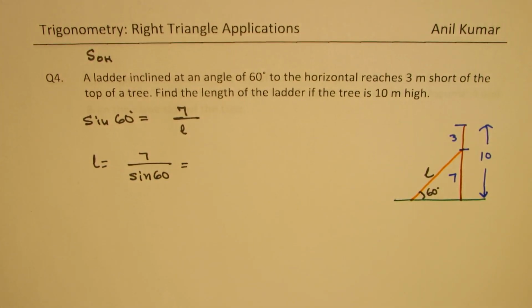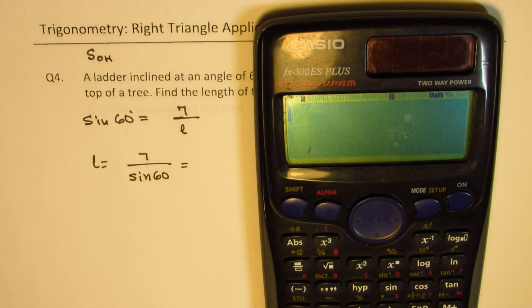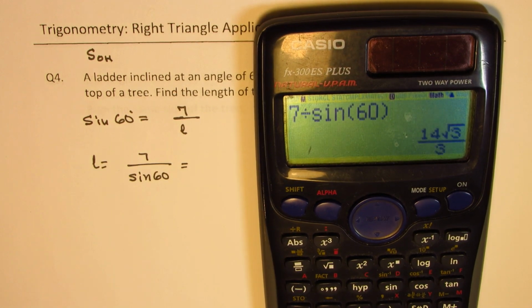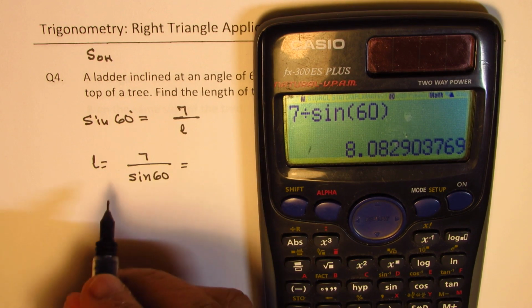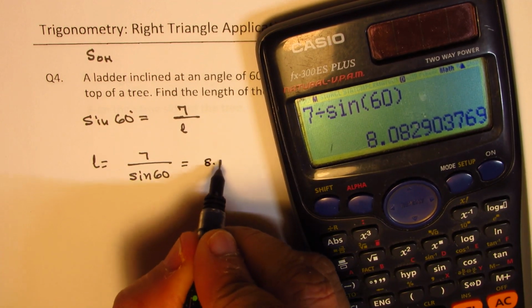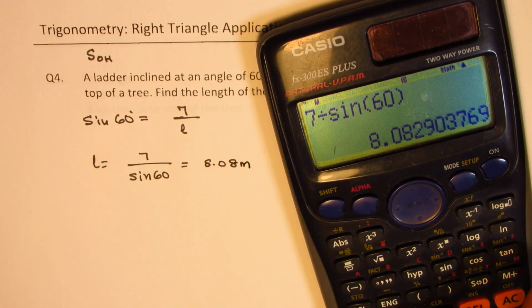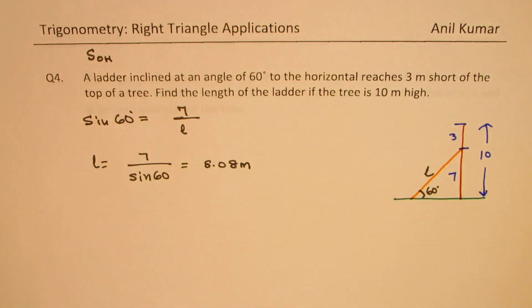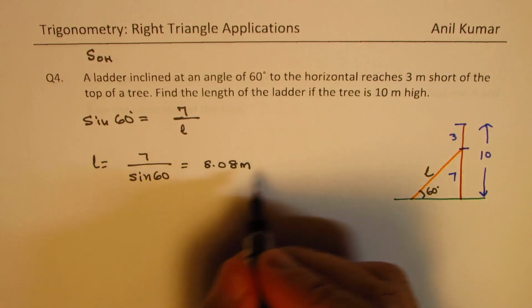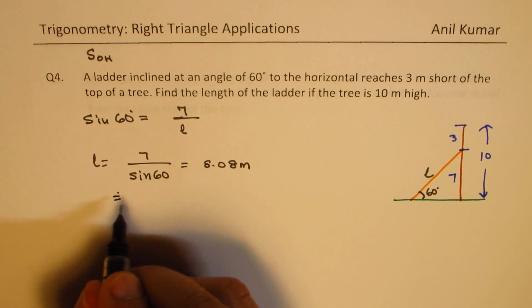So you can always use special triangles, but we'll use calculator to figure this out for now. So 7 divided by sine of 60 degrees, which in decimals is 8.08. So we'll write this as around 8.1 meters, right?